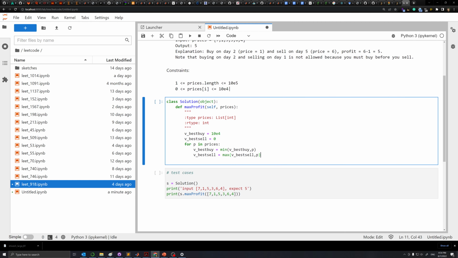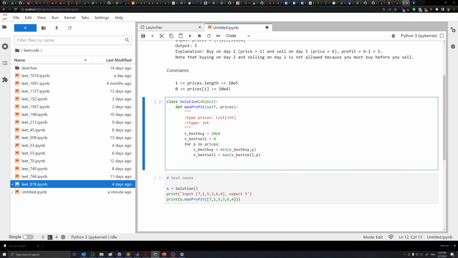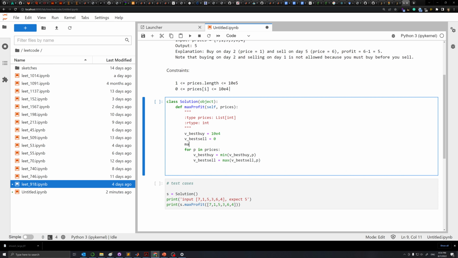And then of course we're gonna have a max profit, right? We initialize it with 0, and then we're gonna say max profit is max between previous max profit and the best sell minus the best buy.